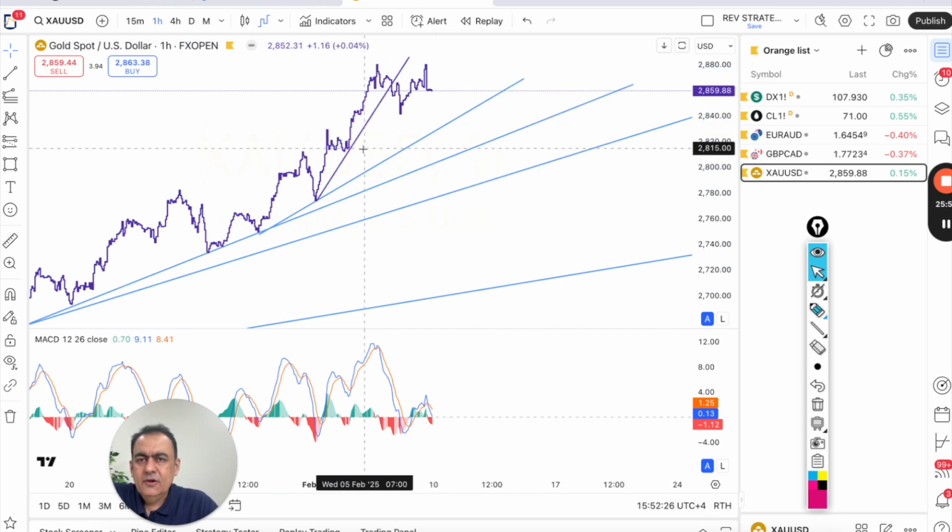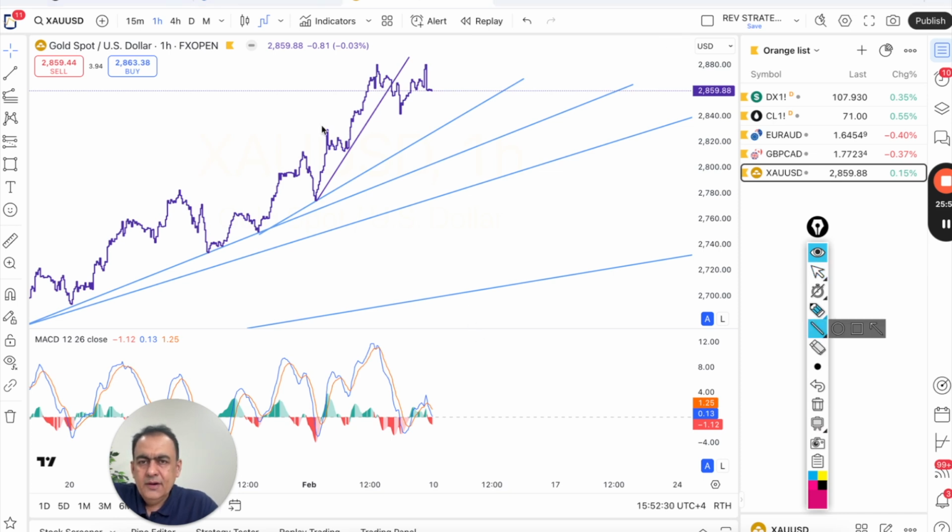Okay, the darker colored trend line is now breached, and I have also spotted bearish divergence here between the highs. So bearish divergence, breach of trend line, and this is the break of structure which is not yet done. And after breaching the trend line, it goes back for the retest, and I'm expecting a short-term bearish pattern in gold.